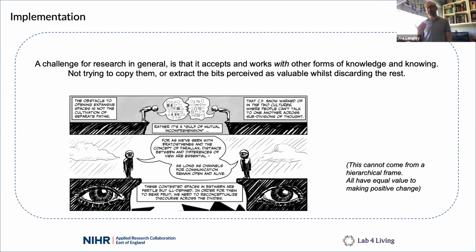Each eye that we have is a different perspective. What you see with one eye is different to what you see with the other. It's the way that those two images are combined in our brains that gives us depth and texture and richness to the world that we see. But that can't happen in a hierarchical frame. It has to give equal value to all of the perspectives to make real change.